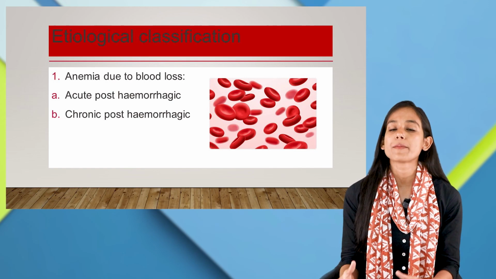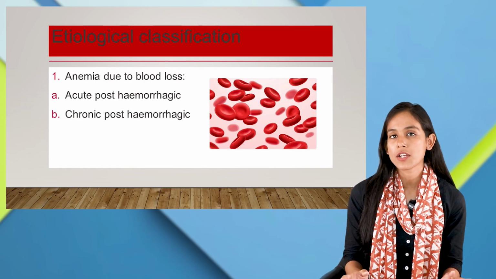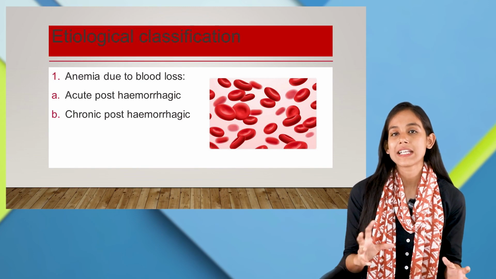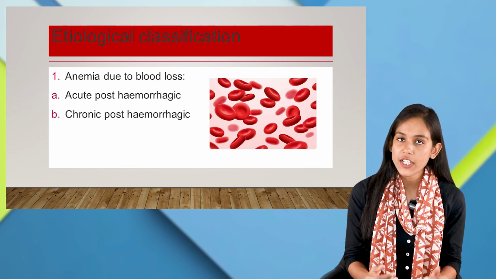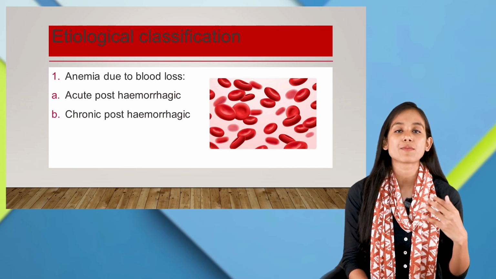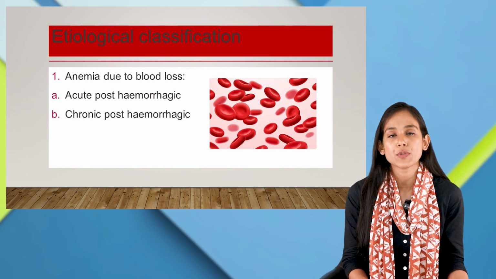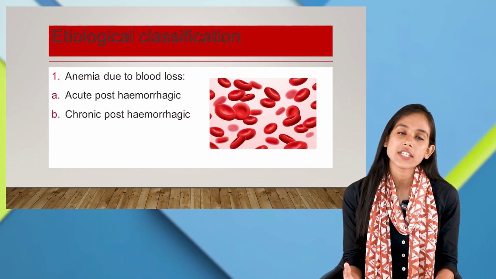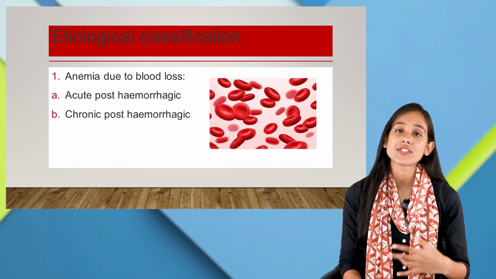Well, first let us talk about the etiological classification. When we are talking about etiology, majorly there can be two things, right? The first thing can be that there is decreased production. For example, if there is bone marrow suppression, in that case it is not being produced, right? The production is decreased. And the second thing can be increased loss.